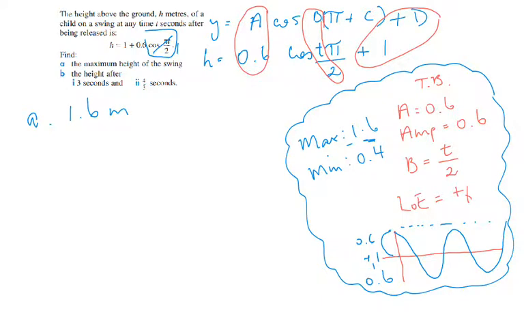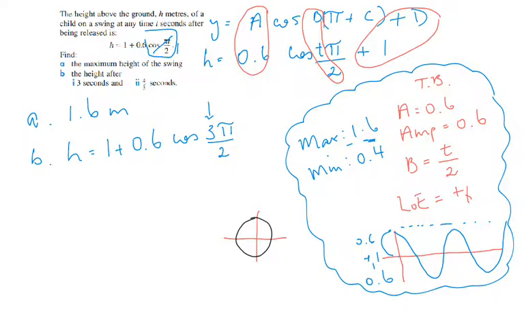Now the height after 3 seconds, all we have to do is substitute t equals 3 into our equation. So for part B, we'll have height is equal to 1 plus 0.6 cos 3 pi on 2, because we've put in our t value as 3. Now in this case, 3 pi on 2, once again, I can do this without my calculator, knowing what I know about my unit circle, so your favourite unit circle, here we go.